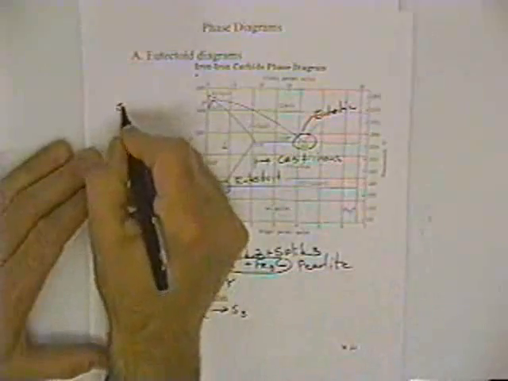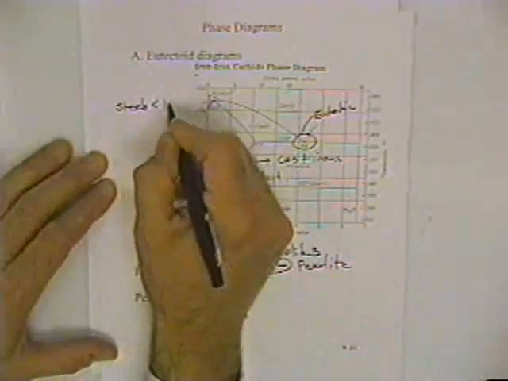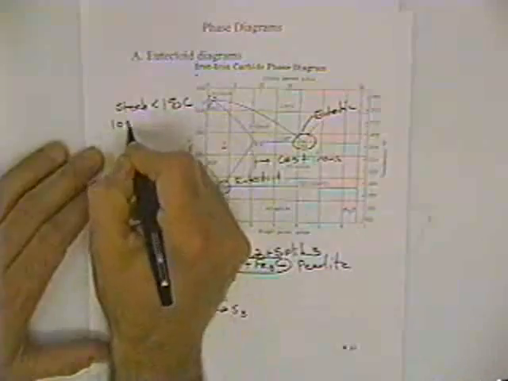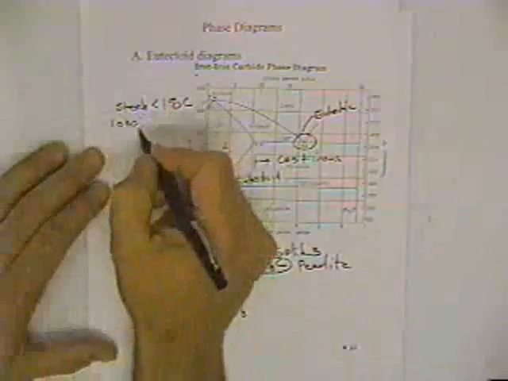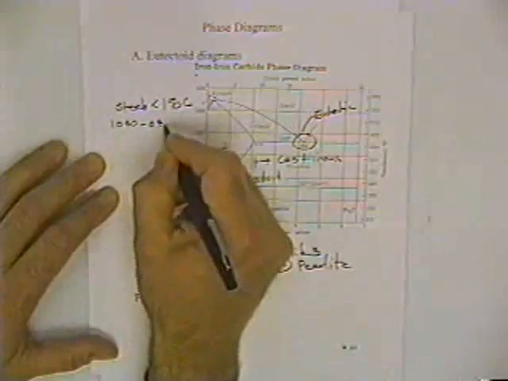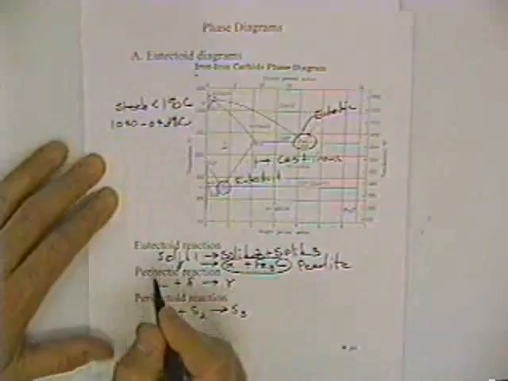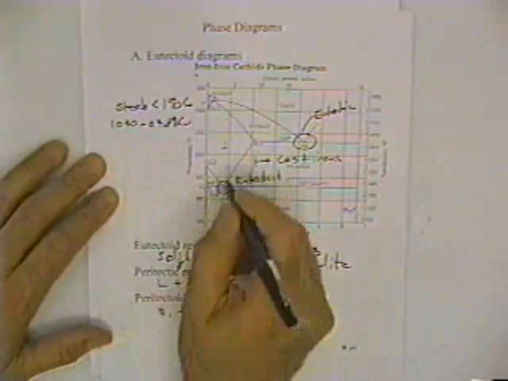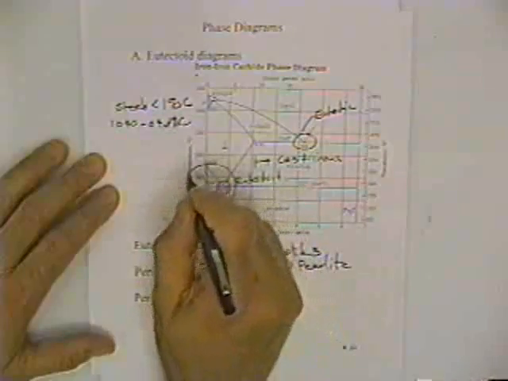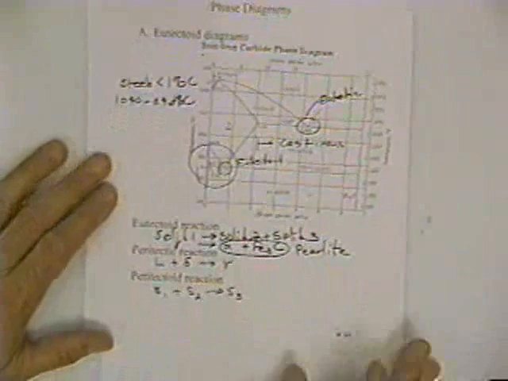Generally, steels have less than 1% carbon. 1040 steel, which would be a plain carbon steel, would have 0.4 weight percent carbon in that particular material. So for most of the steels, the regions of interest would be in this portion of the phase diagram.